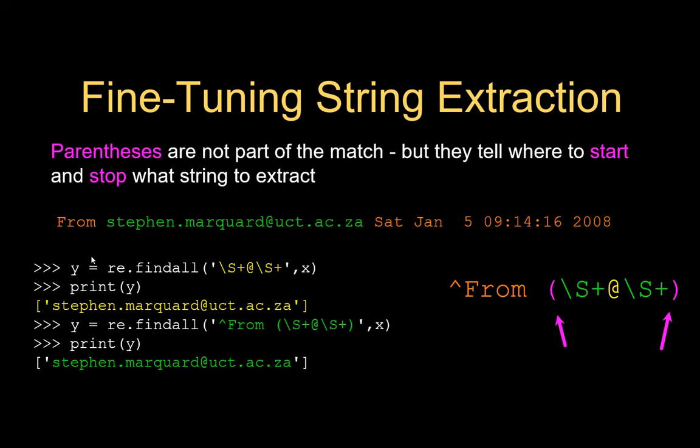So that's how we can put this caret here to say that our criteria is an email address in a line that starts with capital F From and a white space before the email address. Again, that's another way to fine-tune our search criteria.